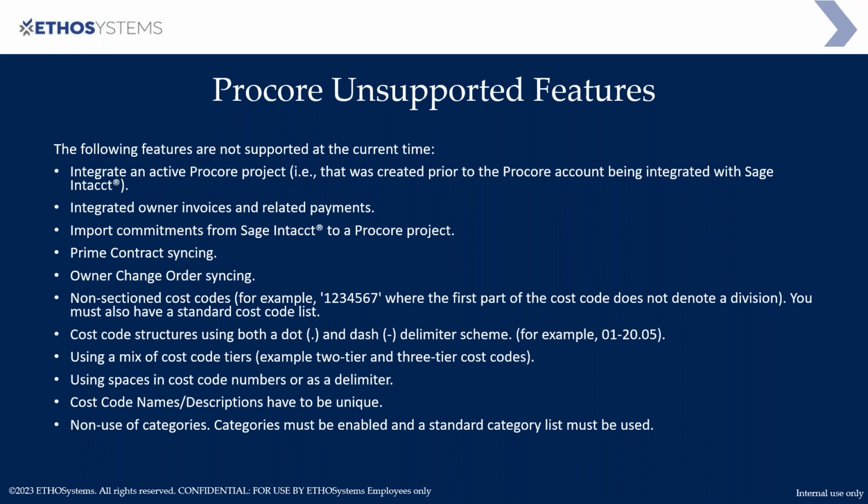On the other side of things, cost types, well, they can have a hierarchy in Sage Intacct. Hierarchy through the integration in Procore is not supported. And the biggest thing we run into is going to be the cost code names and descriptions. Unfortunately, those do have to be unique for the integration to work successfully. So while you can have duplicates on the Sage side, in order to work with the integration, they will have to be unique.